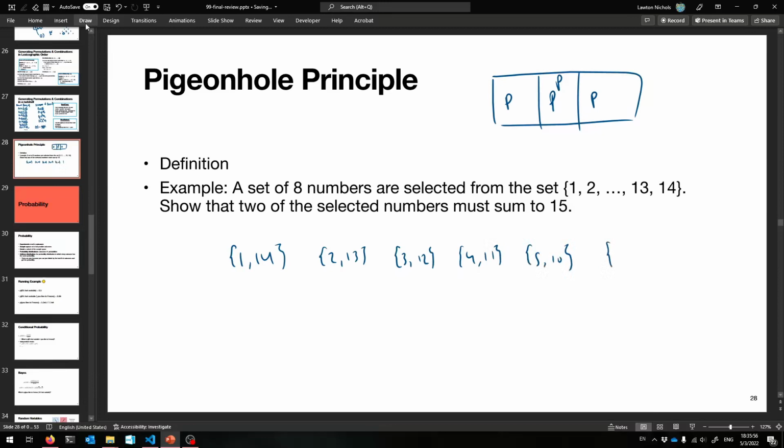You can choose 6 and 9. And you could choose 7 and 8. Those are your only options, right? 8 and 7, it's already been included. So how many of these options are there? 1, 2, 3, 4, 5, 6, 7. There are 7 subsets that sum to 15.